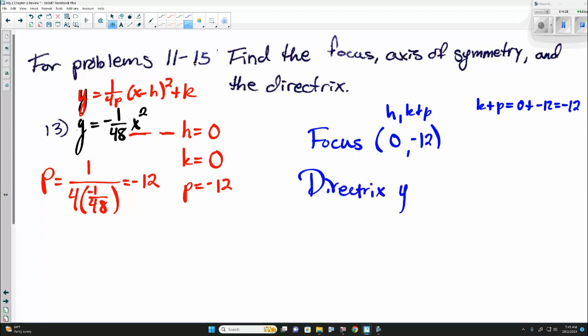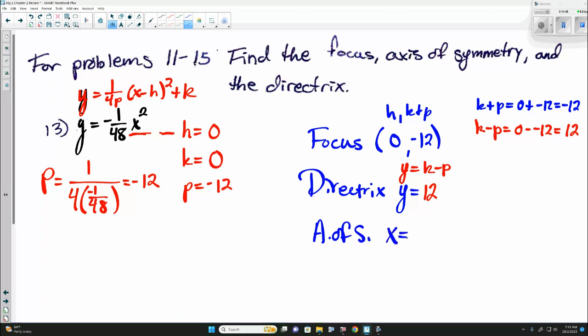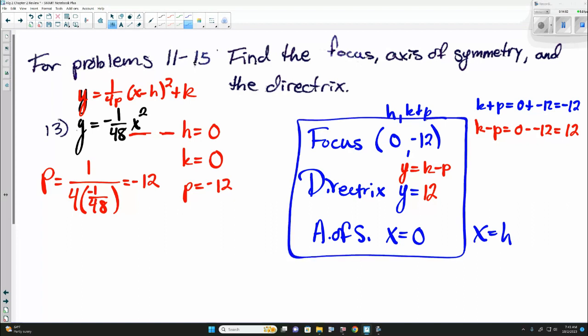Directrix. Y equals, well, in the general form, it's k minus p. So now we can calculate k minus p, which would be 0 minus negative 12, giving us positive 12. And lastly, axis of symmetry, x equals, in the general form, it's x equals h. Well, h in our case is 0, and that's all we have to do for this here.